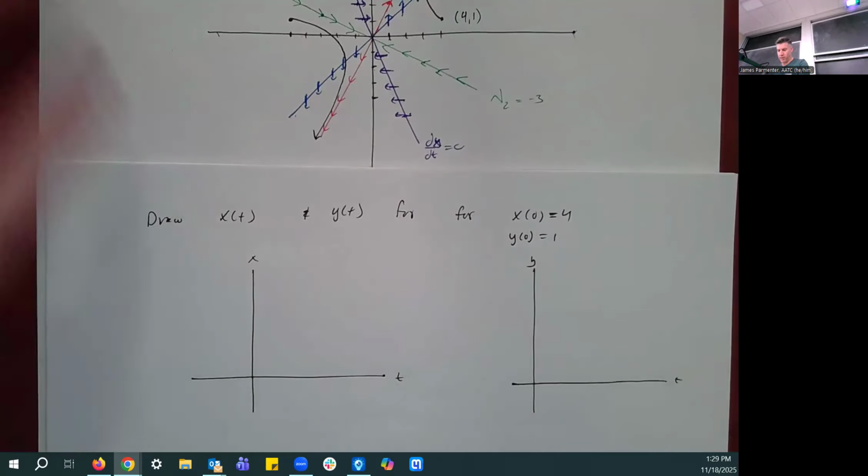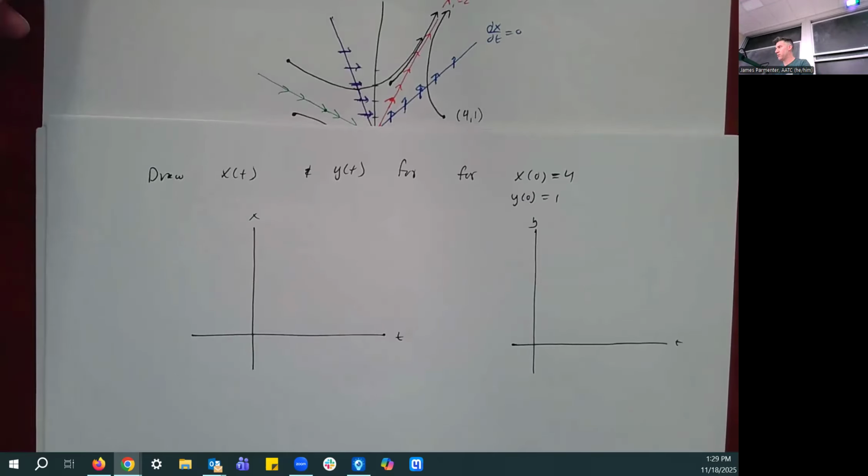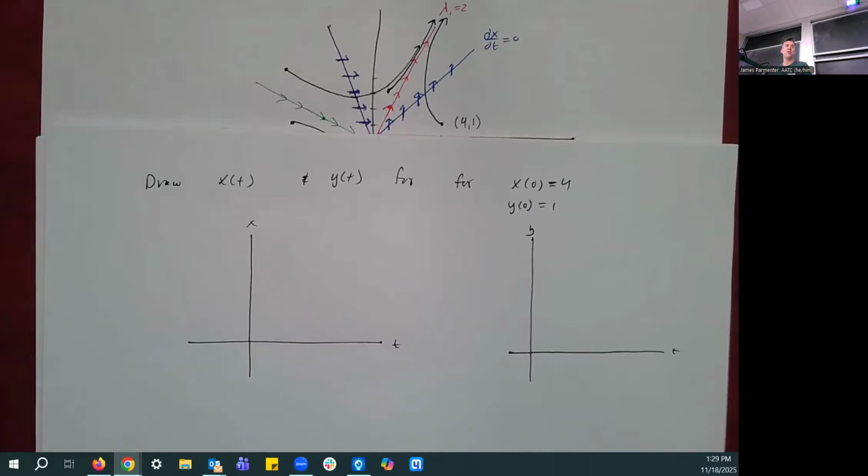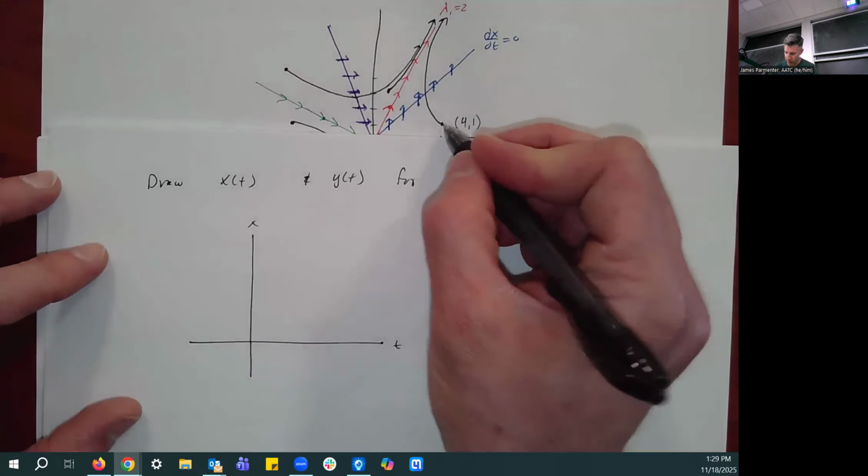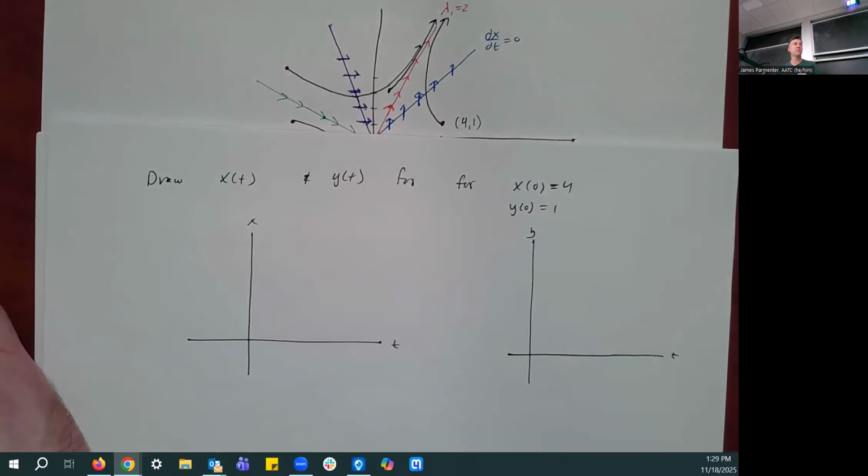If you look at this trajectory starting at the point 4, 1, do the x values start off getting bigger or smaller? Which direction are we going, left or right, from this starting point? We're definitely moving leftward, which means the x values are getting smaller.